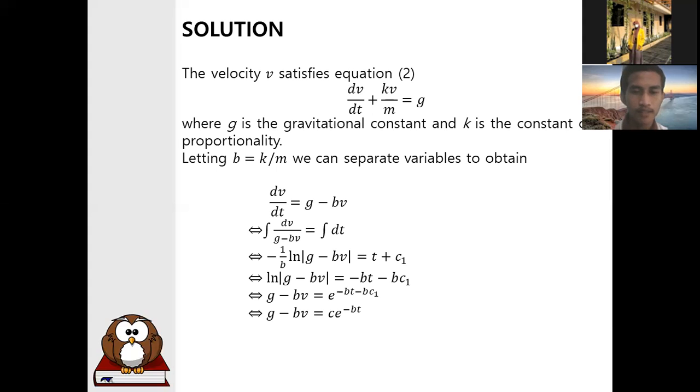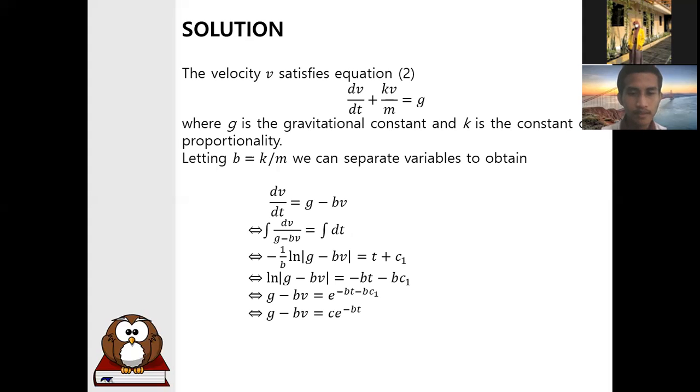Integrating both sides, we get the integral of 1 over (g minus bv) dv equal to the integral of dt. We get minus 1 over b times ln of the absolute value of g minus bv equal to t plus a constant. This is equivalent to ln of the absolute value of g minus bv equal to minus bt minus bc.